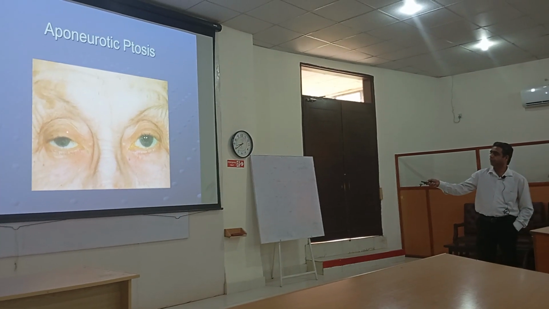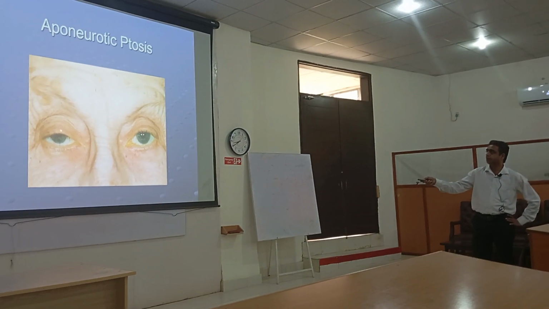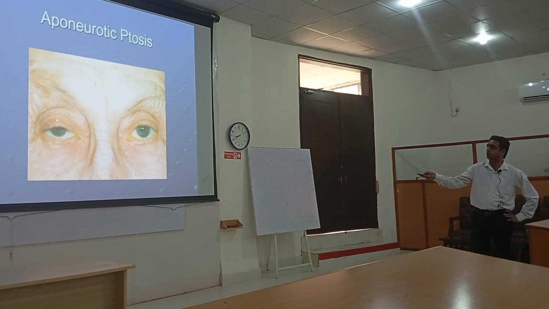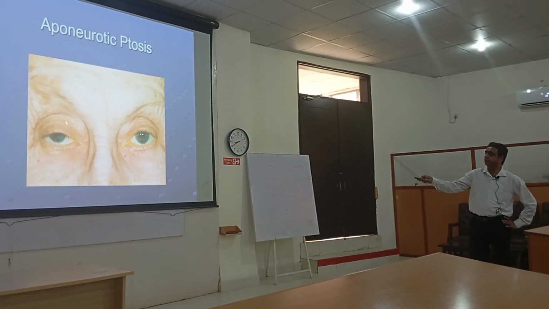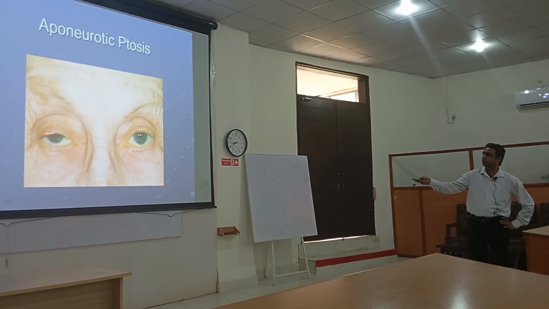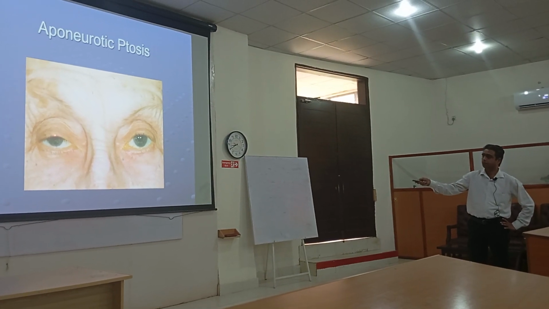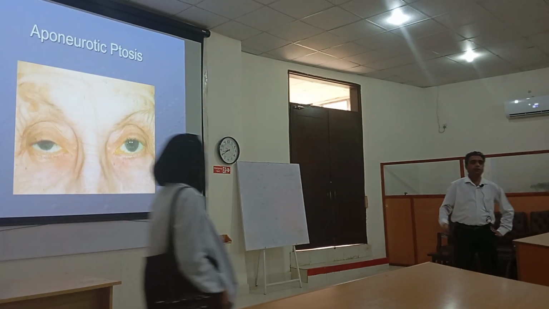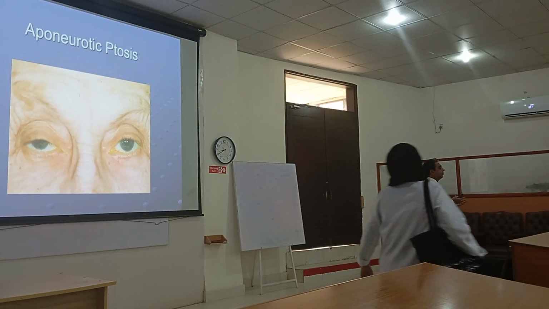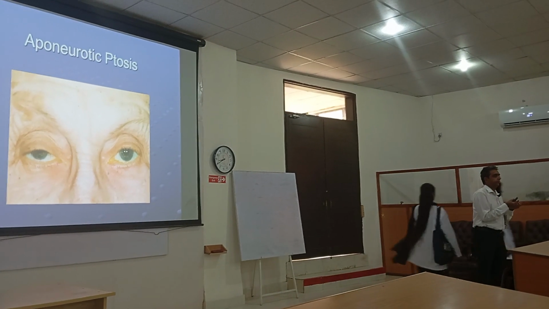By disinserting they go up, pulling the skin with them and leaving the marginal skin at its place. That is why there is no power from the levator muscle to pull it or keep it at the right place.